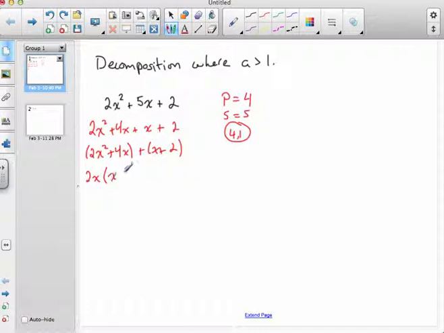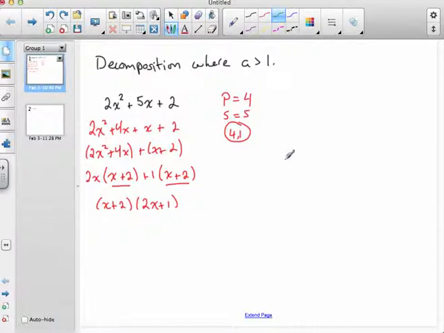I'm left with x plus 2. Here, I don't have a greatest common factor other than 1. x plus 2. Woohoo! Look at that. It's the same. So I am now allowed to factor it. And I look at what's left over, and I have a 2x plus 1 factored.